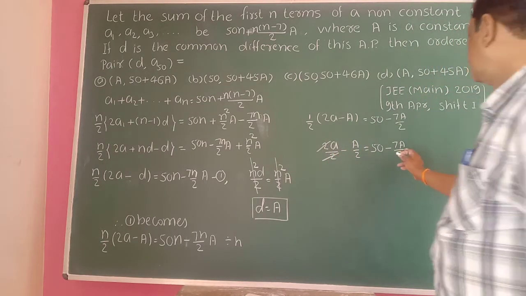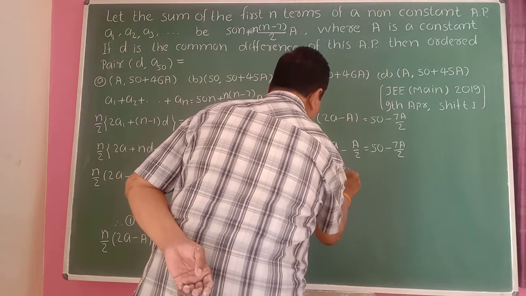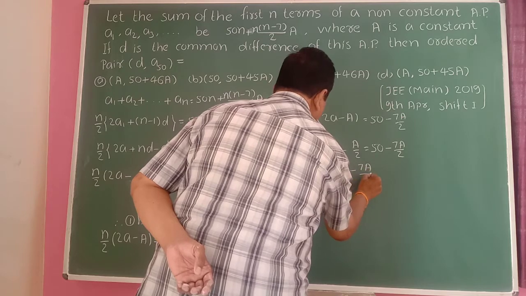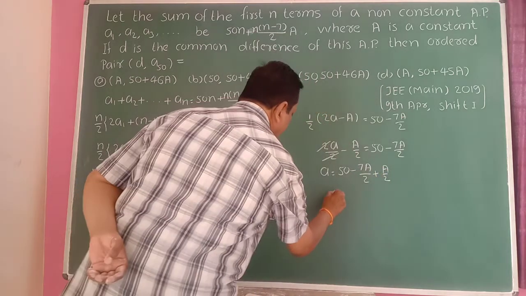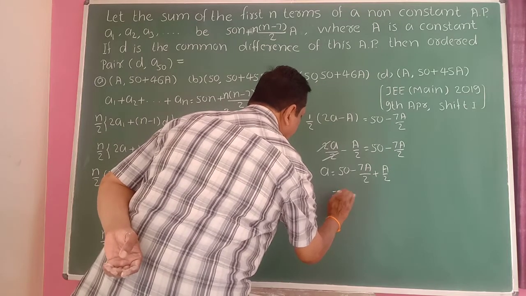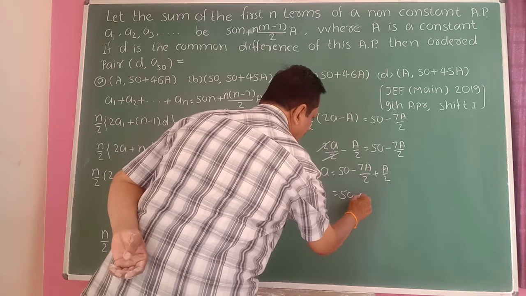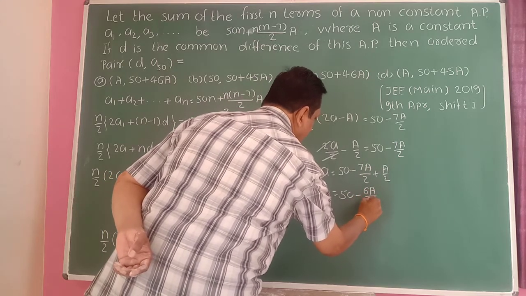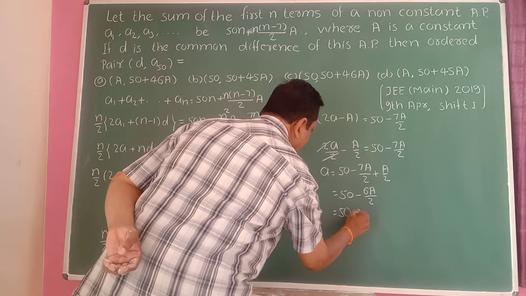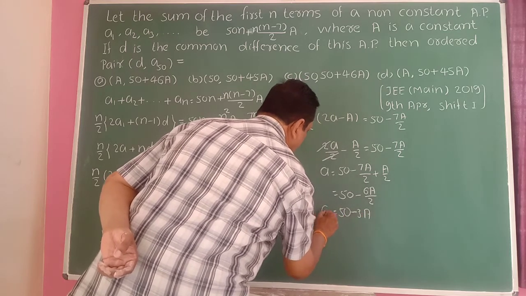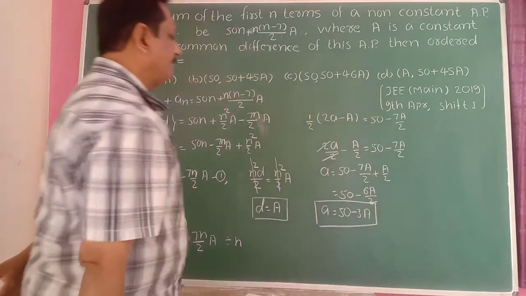Take a minus A by 2 this side here. Therefore a is equal to 50 minus 7A upon 2 plus A divided by 2. Therefore this is equal to 50, so 2 LCM here. Minus 7 plus 1 becomes minus 6 here. So minus 6A divided by 2. Therefore 50 minus 3A. Therefore a is equal to 50 minus 3A.